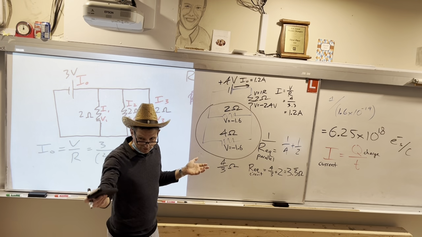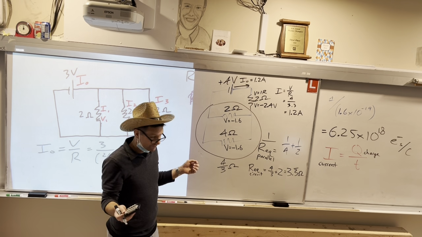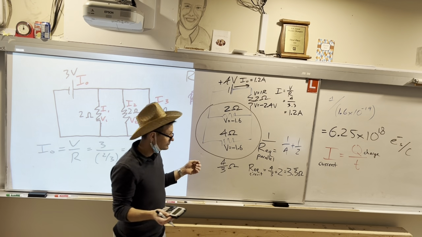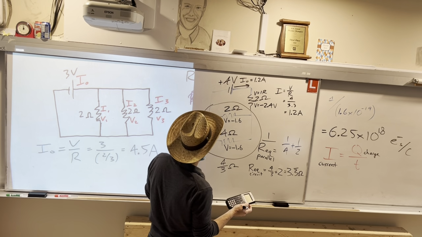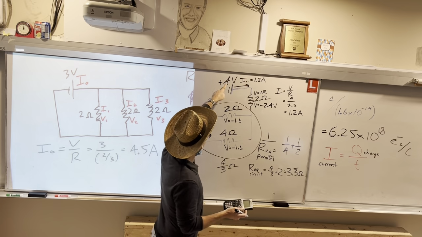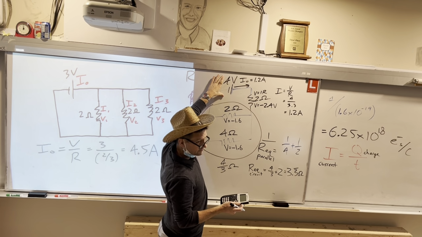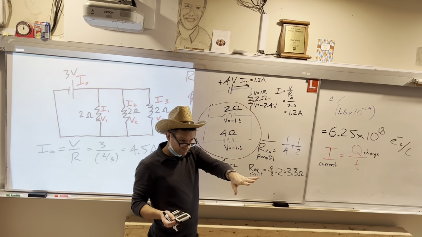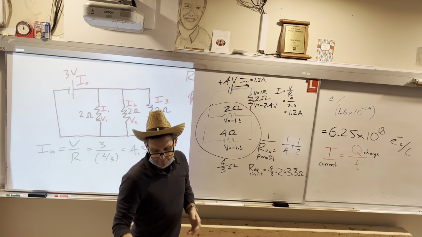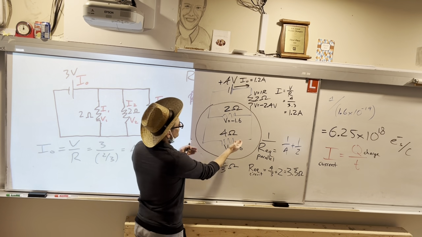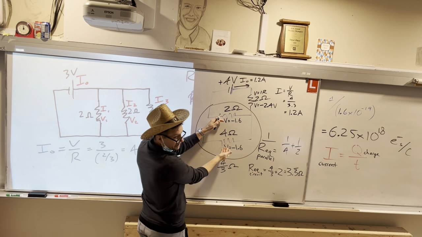0.8. Arlo, you get that, yeah? Wait, how is it 1.6? Shouldn't it be 0.8? Is it 4 minus 2.4? Yeah, 4 minus this. Since it's split between 2, shouldn't it be divided? No, no. That's what most people think intuitively. You think, well, shouldn't we have like 0.8 here and 0.8 here?